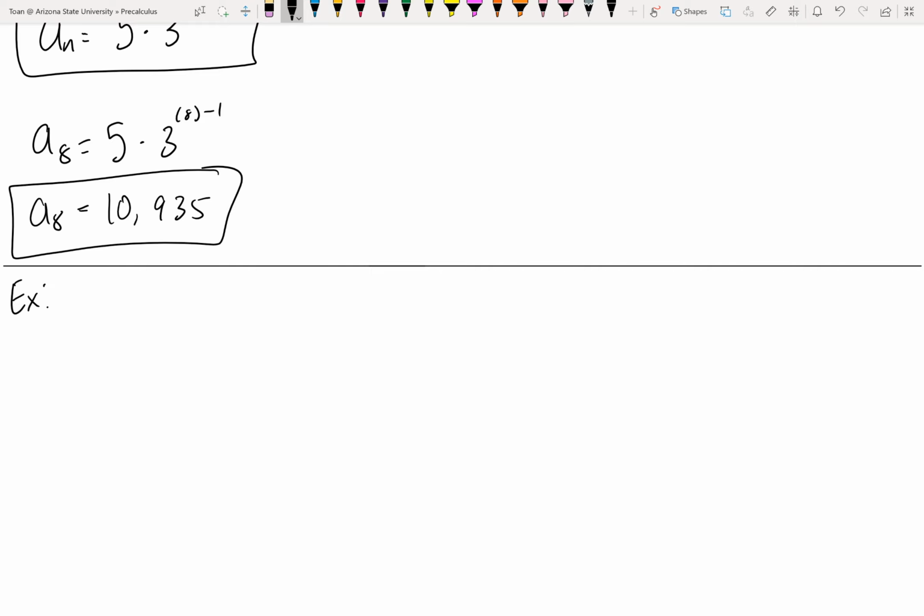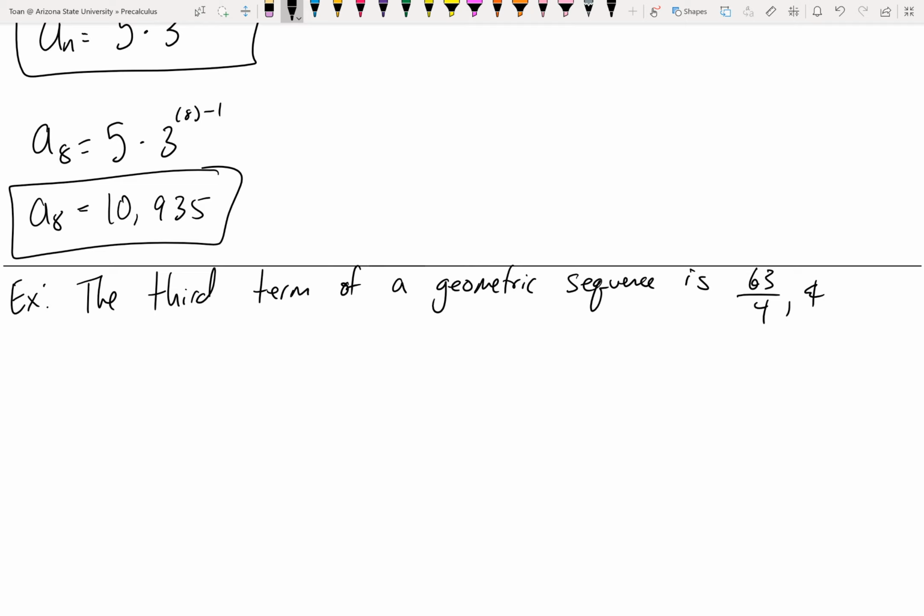So, for example, what if they told you the third term of a geometric sequence is 63/4, and the sixth term is 1701 over 32.